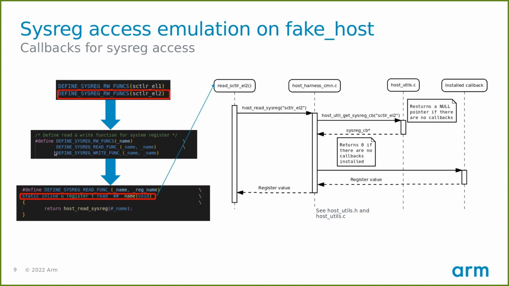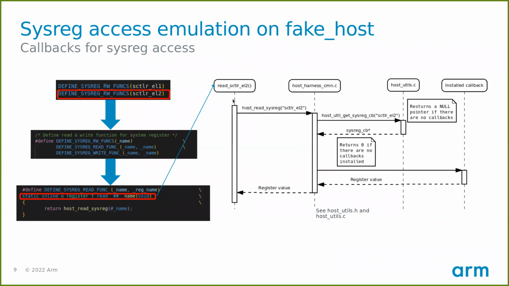This defines a read accessor for ACTLR EL2. The define sysreg read function macro will create a function called read ACTLR EL2, and what this function does is just call a callback called host read sysreg, passing the name of the register that we want to access.